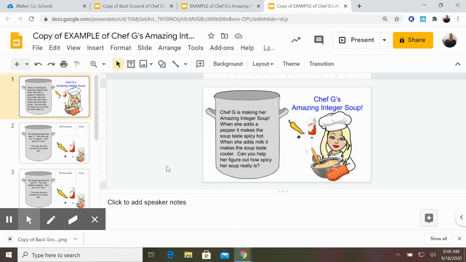Come on, computer, why are you not working? I need my people in my class to see my screen.